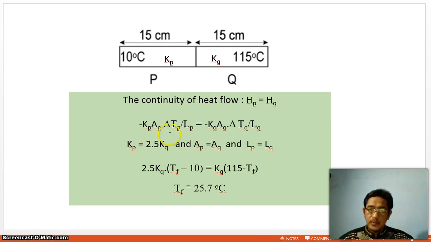We can write the equation like this: 2.5 Kq times the change of temperature at metal P, which is Tf minus 10, equals Kq times the change of temperature at metal Q, which is 115 minus Tf. Solving this equation, the final temperature is 25.7 degrees Celsius.